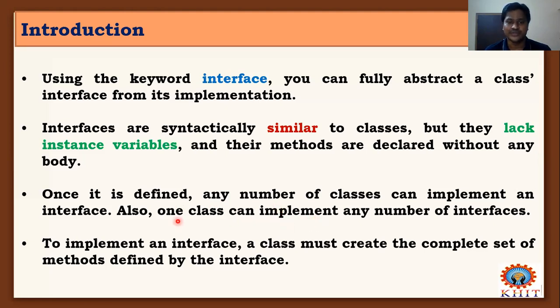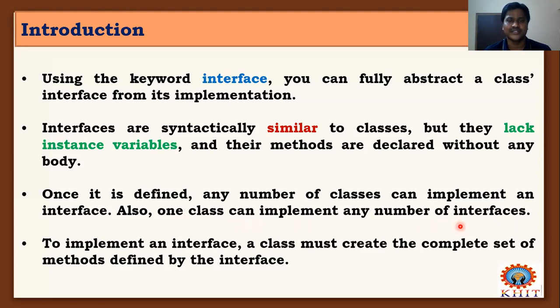If you observe the last point, that one class can implement any number of interfaces, this point is related to multiple inheritance, which was not achieved using classes in inheritance by creating a class hierarchy.